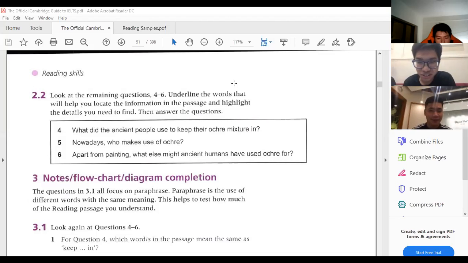Last one: apart from painting, what else might ancient humans have used ochre for? What are the keywords and details you have to search for to answer the question?